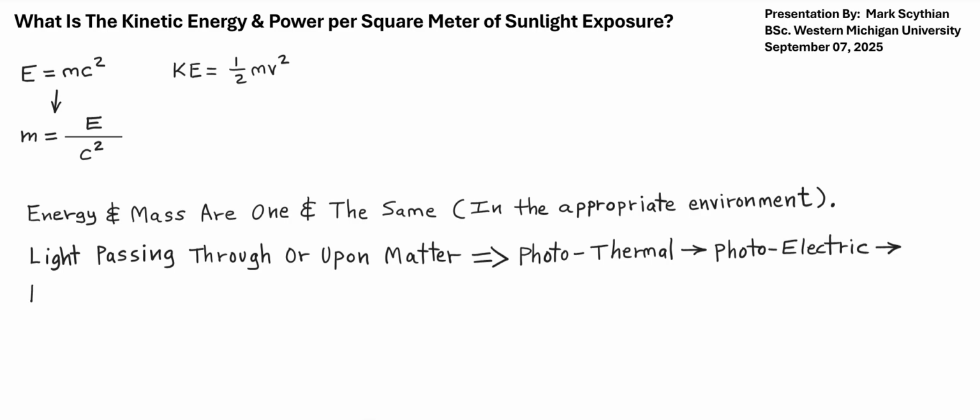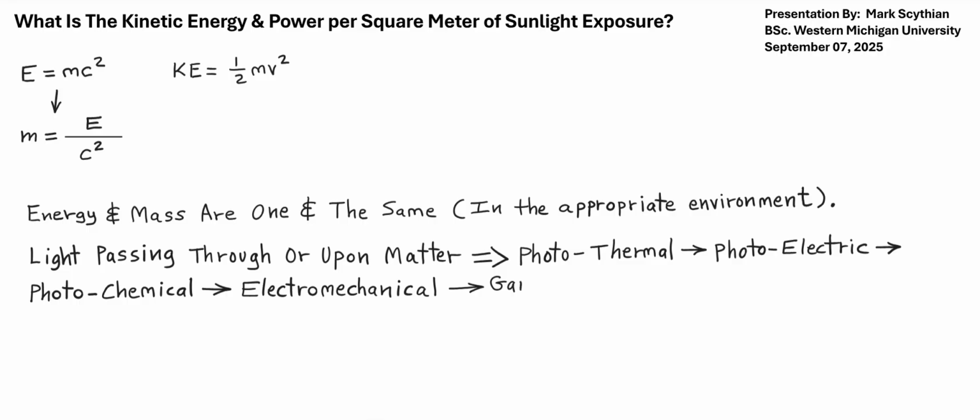Then it may convert into photoelectric, and then photochemical, and then electromechanical, depending on the material, as in inorganic or biological materials. So we are gaining and or losing electrons or ionization.